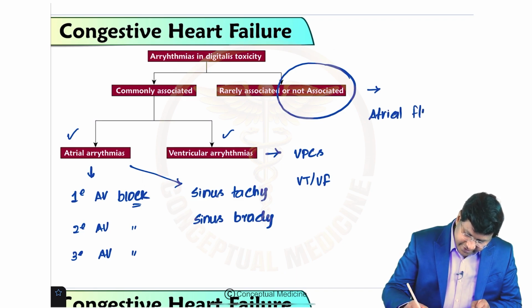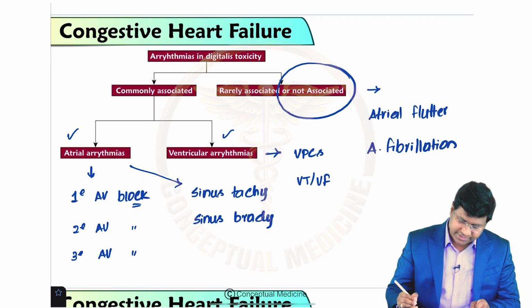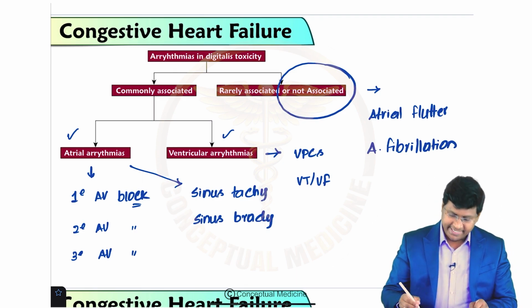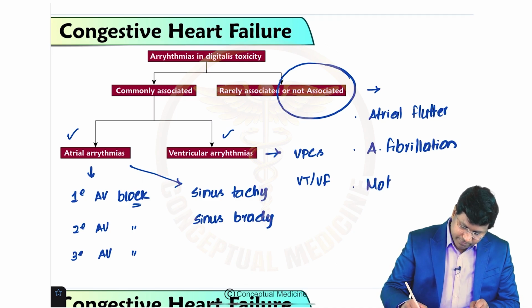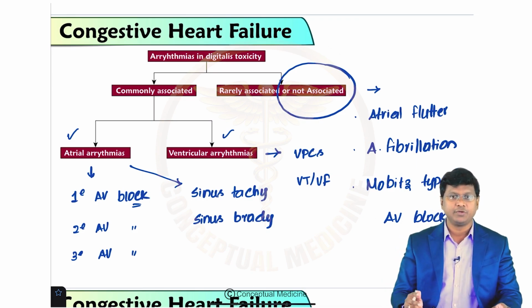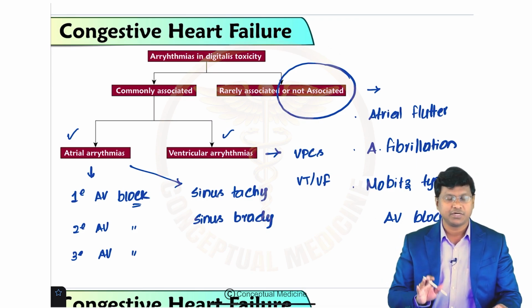In fact, for the treatment of atrial flutter as well as atrial fibrillation, we use digoxin. So these two arrhythmias are not associated with digoxin toxicity. The other important arrhythmia which is not associated with digoxin toxicity is Mobitz type 2 AV block.